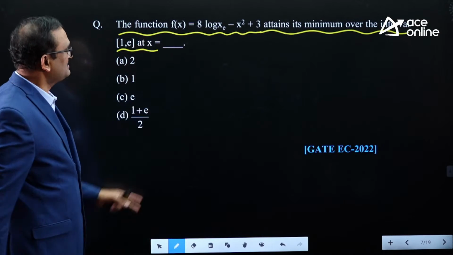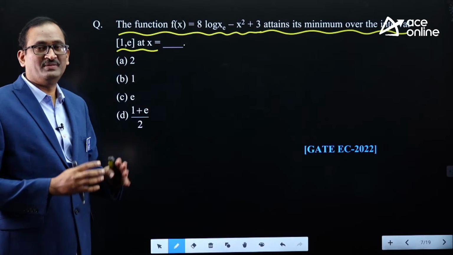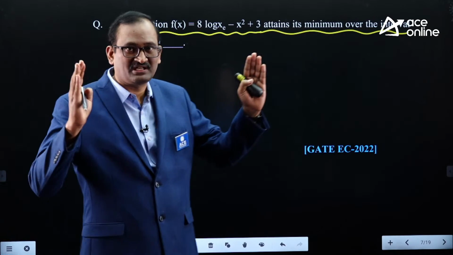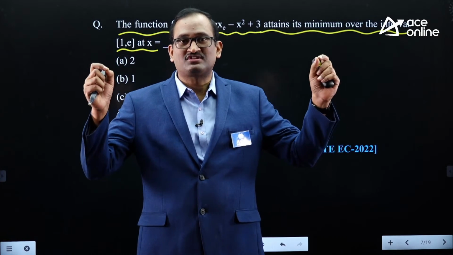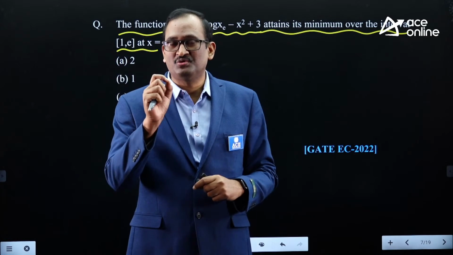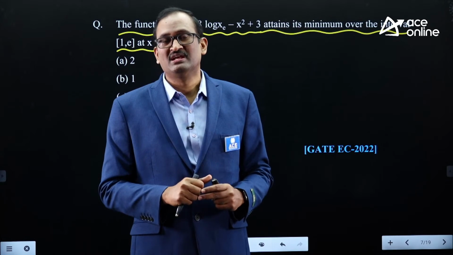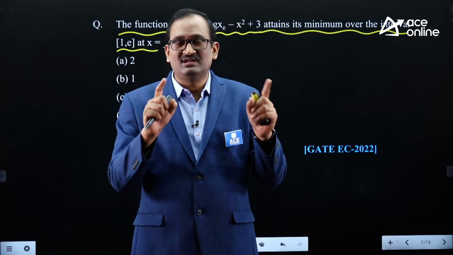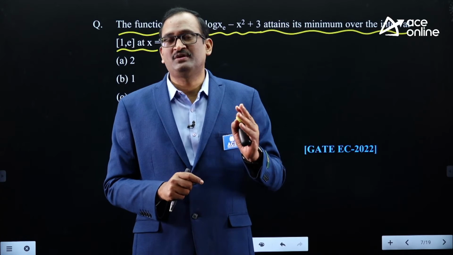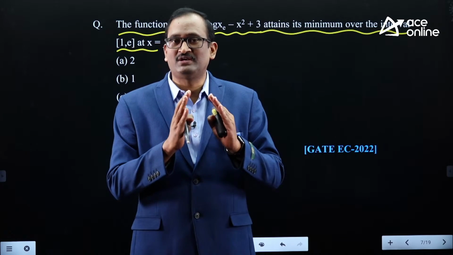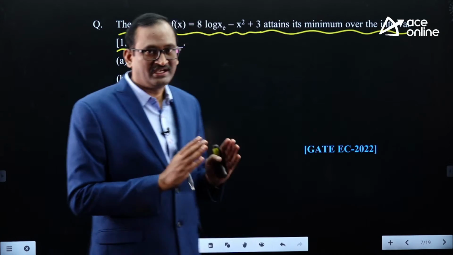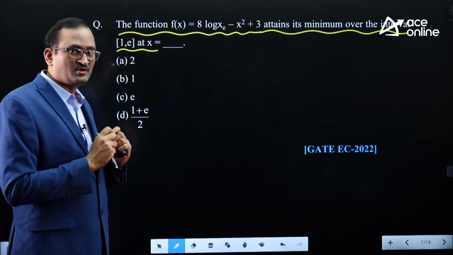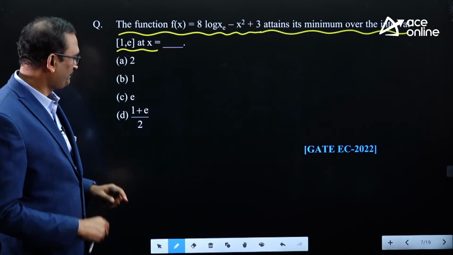What they are asking is, this function will have a minimum. Suppose you are given a certain interval. If you are asked to find the minimum, you need to find the global minimum only. If you are asked to find only the maximum, you need to find only the global maximum. Interval given, that problem is related to global maxima, global minima.